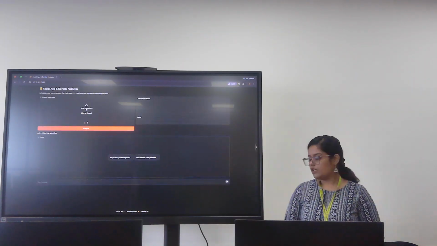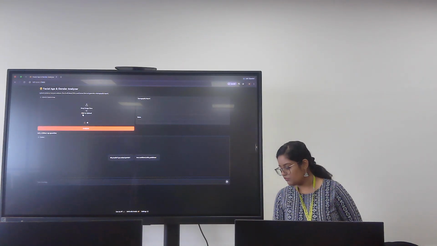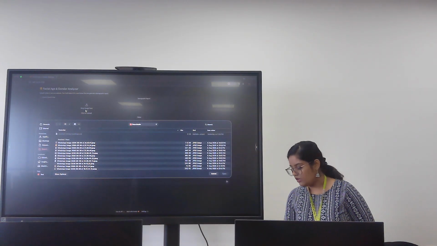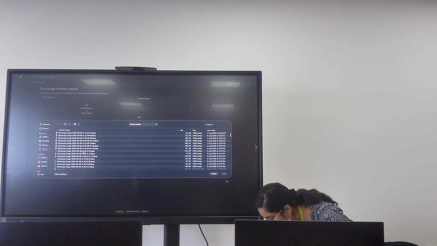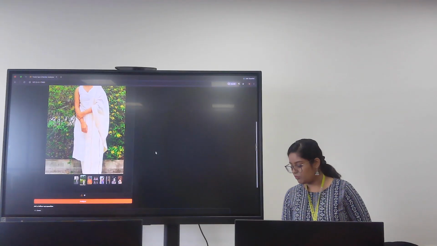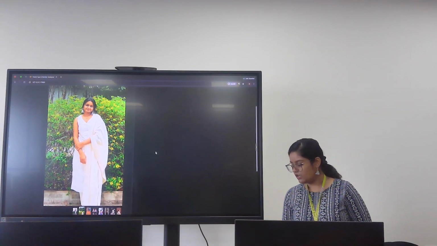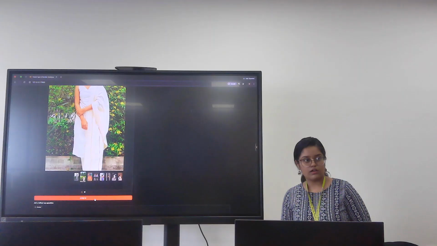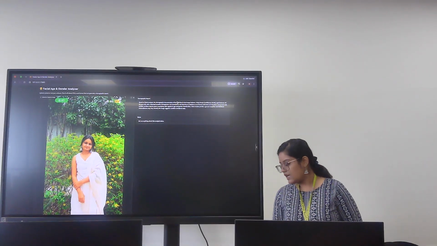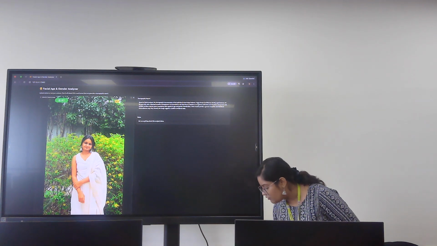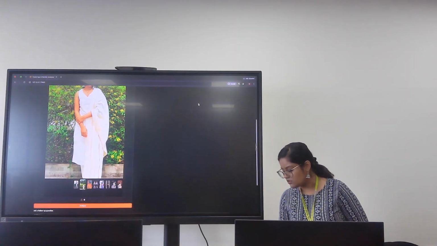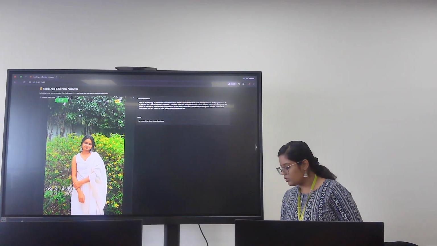There are 2 ways in which I can give the user input. It's either by uploading a file. I uploaded one photo, so I can analyze it. As it tells, with a confidence of 95.6%, it's a female aged between 20 to 30 years old, and this is the demographic report.